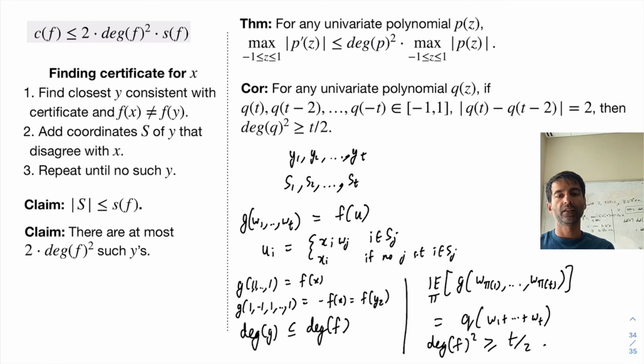Intuitively, what we found here is that these inputs y1 through yt allow us to define a polynomial which depends on t variables, and flipping any one variable changes the value of the polynomial. And that corresponds to a univariate polynomial that has a large derivative at a particular point. And Markov's theorem says that any such polynomial must have large degree.